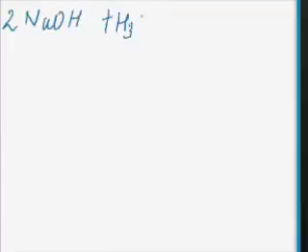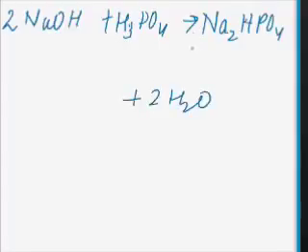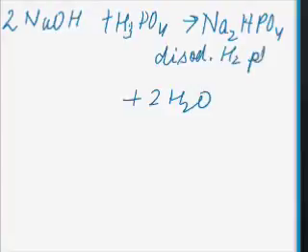Now, in the second step, when NaOH reacts with phosphoric acid, it will form Na2HPO4 and water. This is called disodium hydrogen phosphate, or we can also call it acid salt.